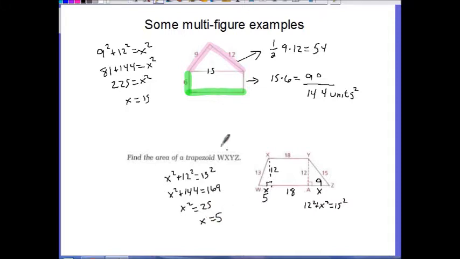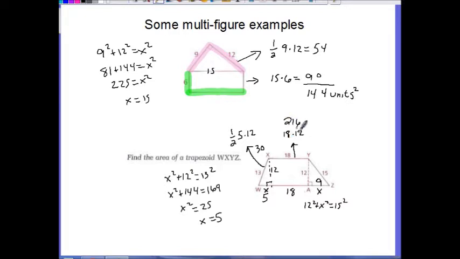So let's go ahead and separate our pieces. My first triangle. 1/2 my base of 5 times my height of 12 gives me 30. My rectangle in the middle. My base 18 times my height 12 gives me 216.